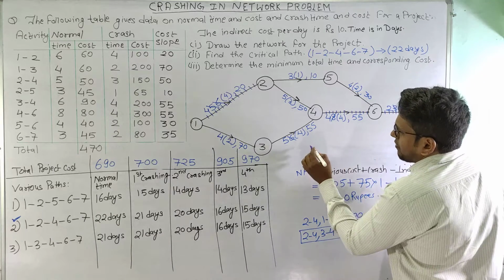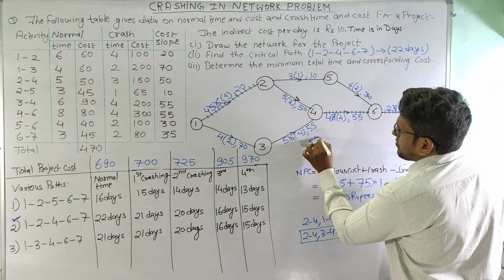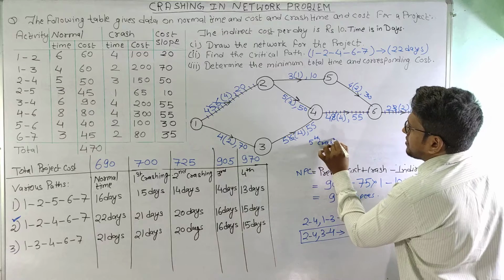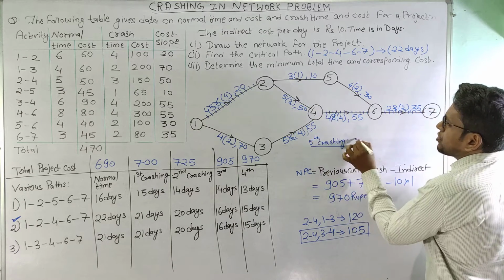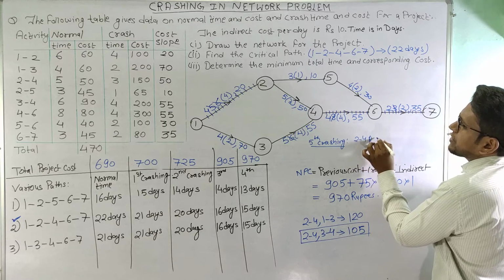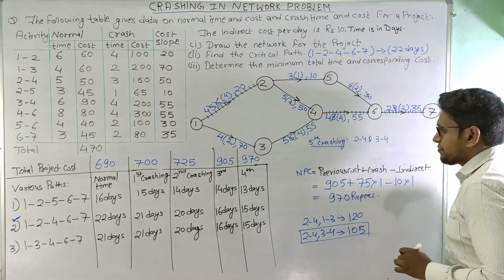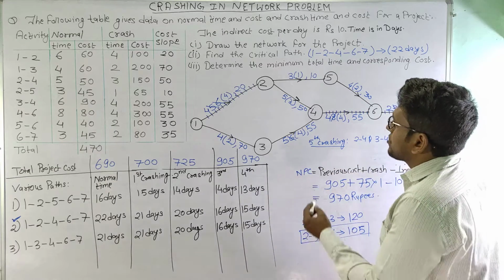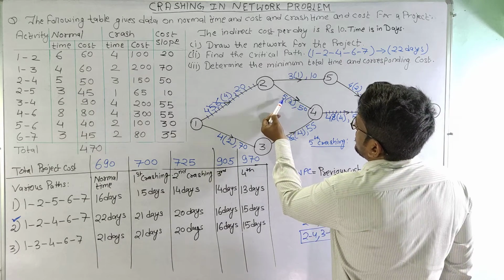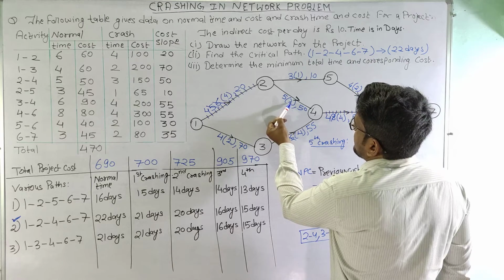So for fifth crashing, we will crash activity 2 4 and 3 4, and let us see for how many days we can crash these activities. So we can see here the normal time is 5, the crash time is 3.